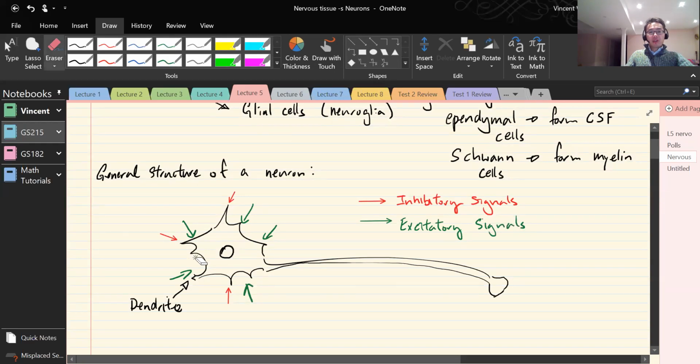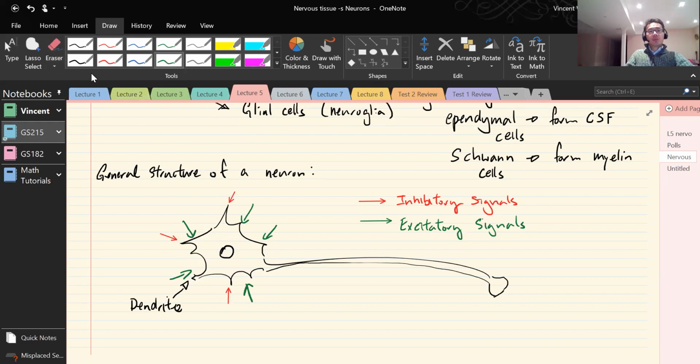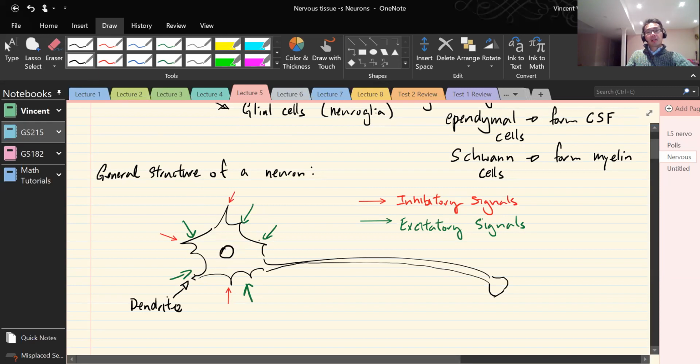A combination of these signals can simultaneously be stimulating the neuron, and then the neuron will do what we call synaptic summation. They would add up all these signals and see which one is stronger. If there are more green signals, then you will pass on the signal. If there's more red signal, then you would not pass on the signal.